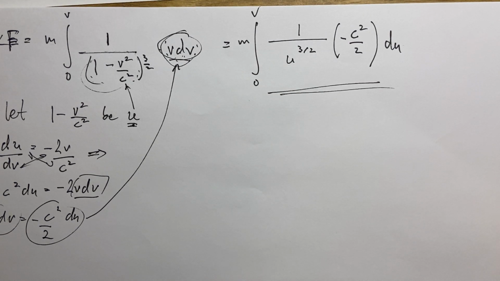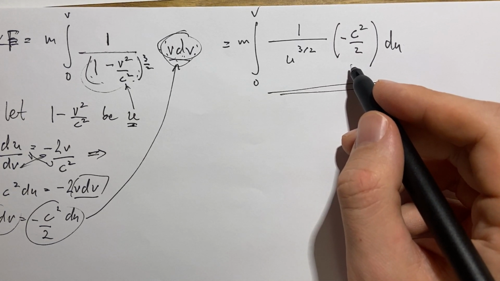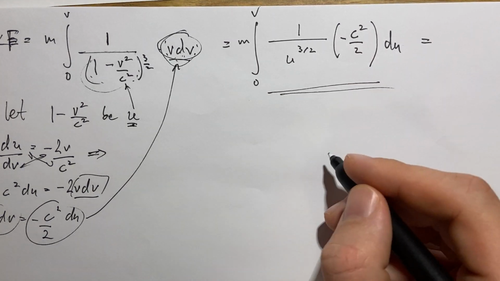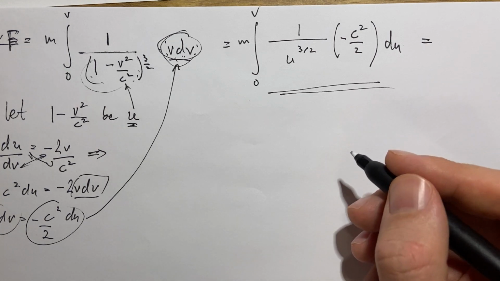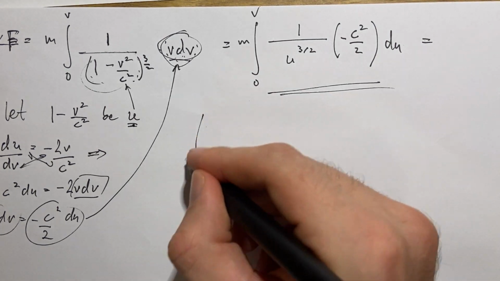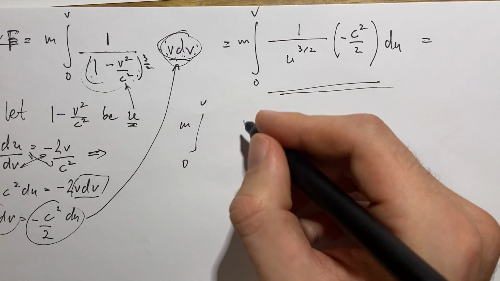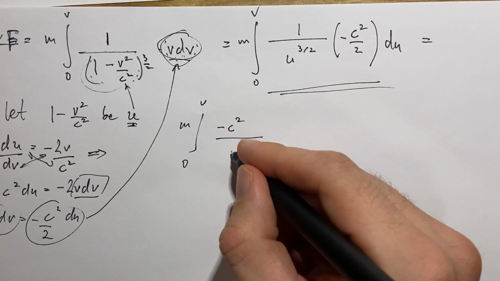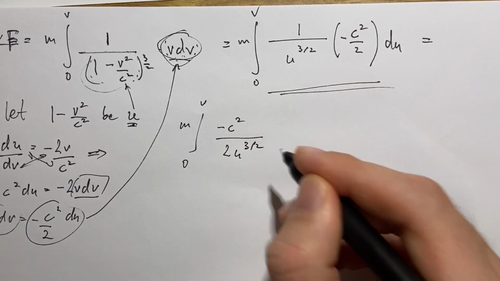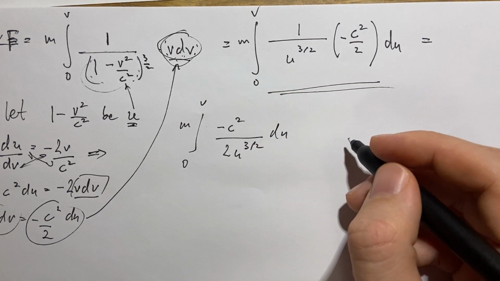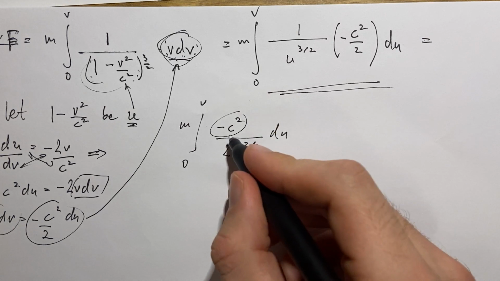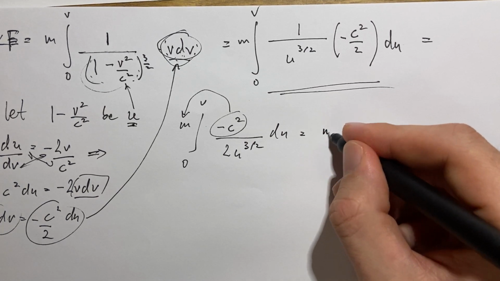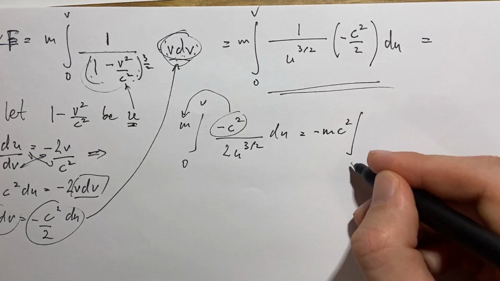So now we can actually try and simplify this a bit. It will of course be the integral from 0 to v of m times minus c squared divided by 2 times u to the power of minus 3/2 du. c is a constant, that doesn't have to be in the integral, we can take it out. mc squared, look at that, we're getting close.